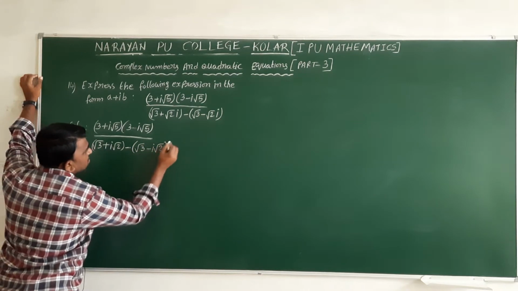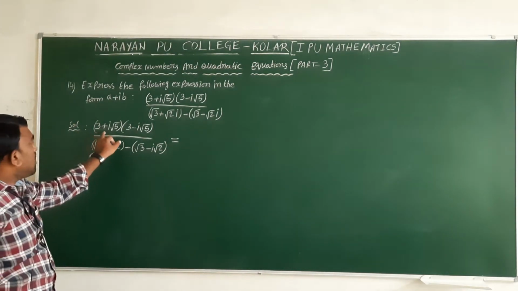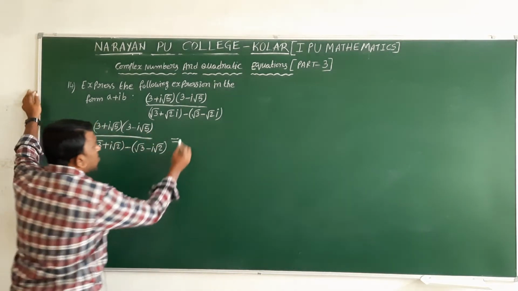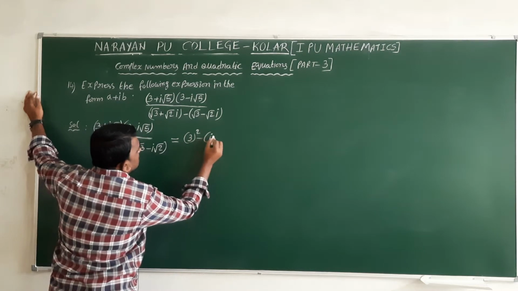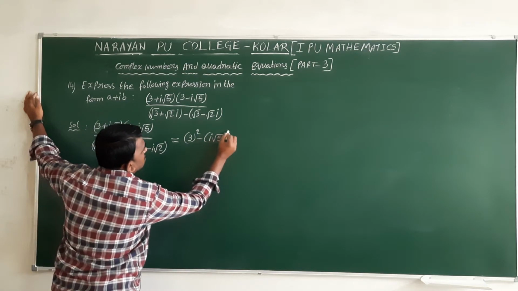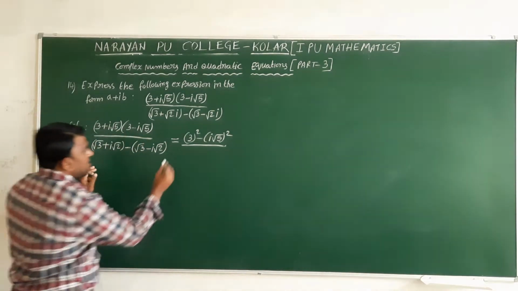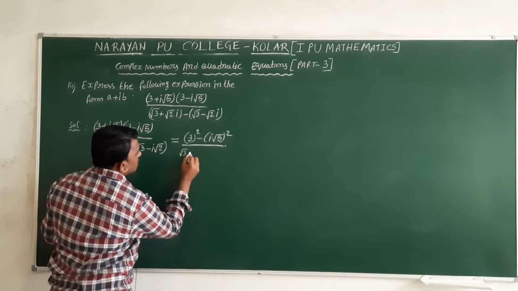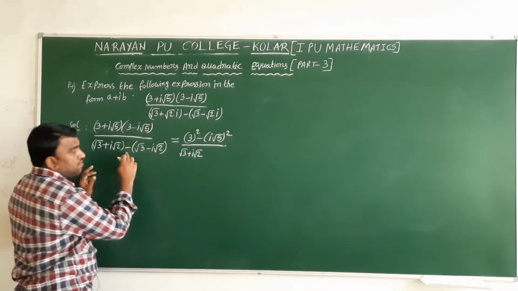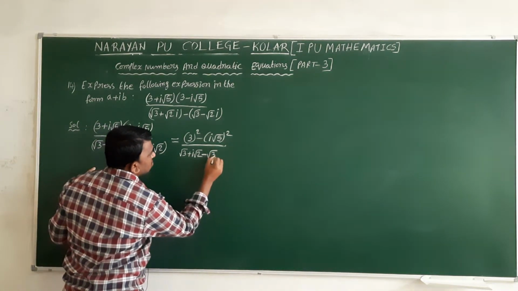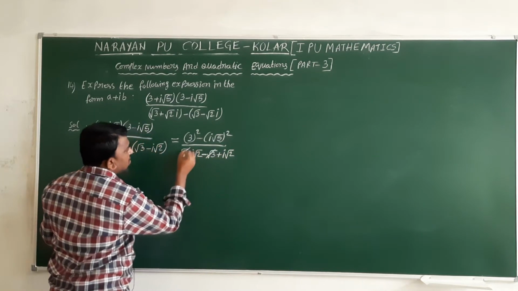If you observe, the numerator is in the form of a plus b into a minus b, and the formula is a square minus b square: 3 square minus i root 5 whole square. In the denominator, with the minus, you can simplify: root 3 plus i root 2, and the second complex number multiplied with minus gives minus root 3, so minus of minus plus i root 2. So in the denominator root 3 cancels.